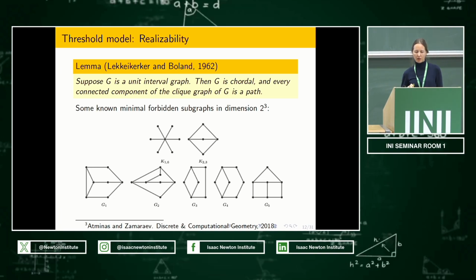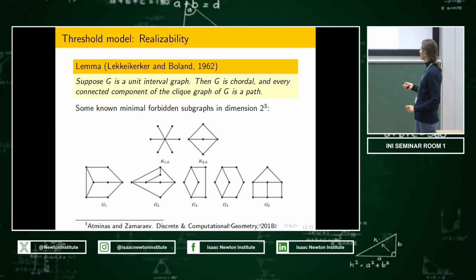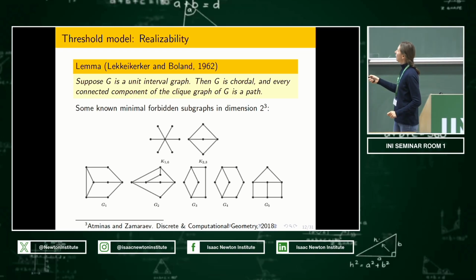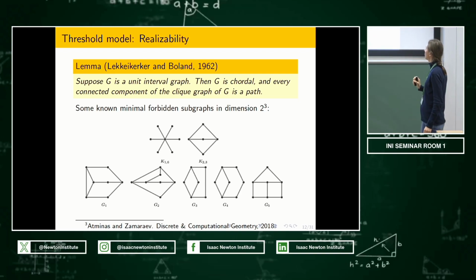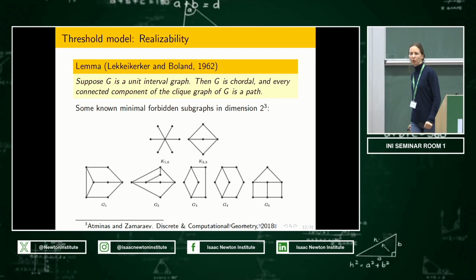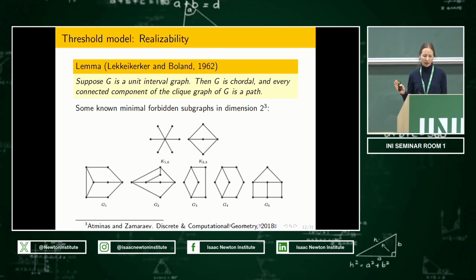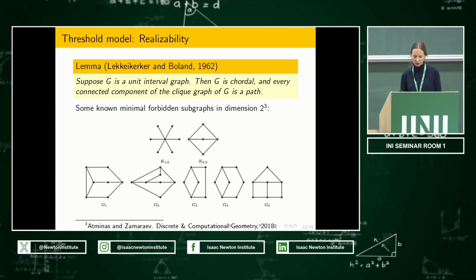Unit disk graphs are already not so well understood. There is a paper from 2018 in Discrete and Computational Geometry by Atminas and Zamaraev, showing that these 6 graphs are forbidden subgraphs in unit disk graphs, and there are also 2 infinite families, but it's not known whether this would be a complete family of minimal forbidden subgraphs.